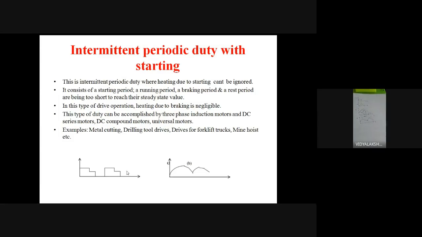That's why I have given the examples. While seeing an example, we can easily see what is meant by intermittent periodic duty and short time duty. For short time duty, if I say a mixie as an example, you can easily say that I start the machine and use it for a particular time. The same way for the other types also. So while studying motor duty, you have to memorize the examples. Then only can you easily write what is meant by periodic duty and short time duty.